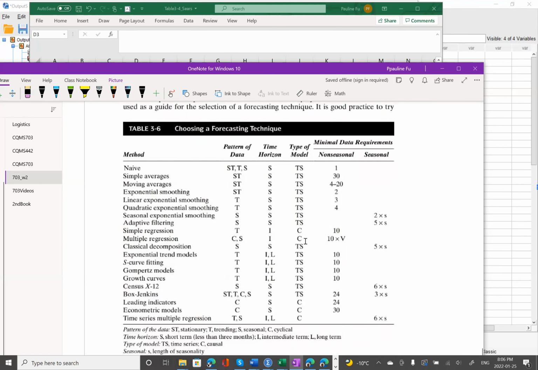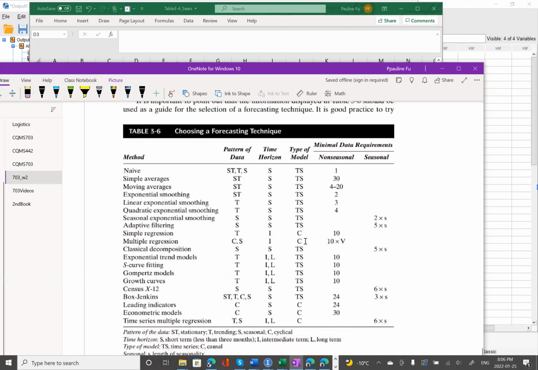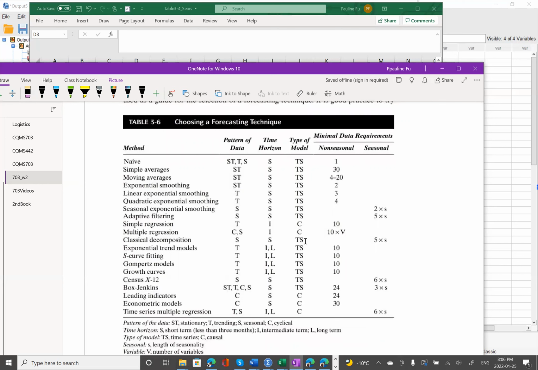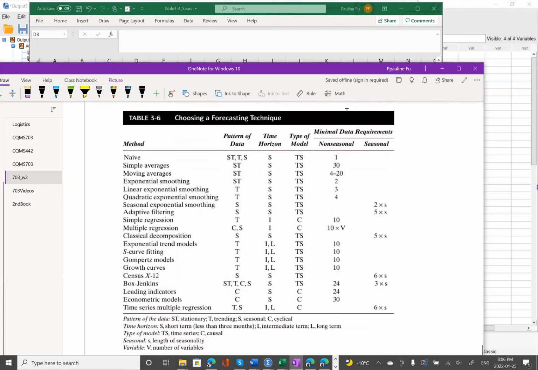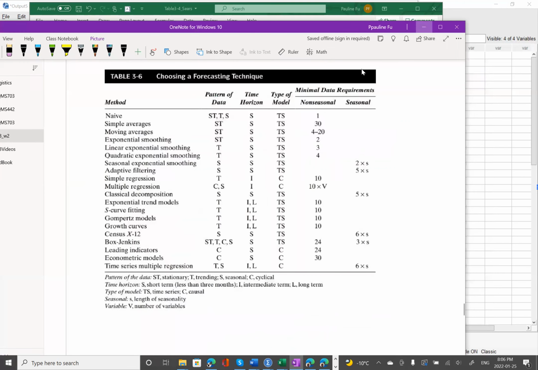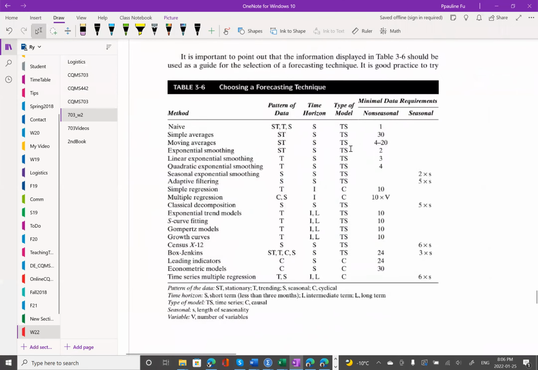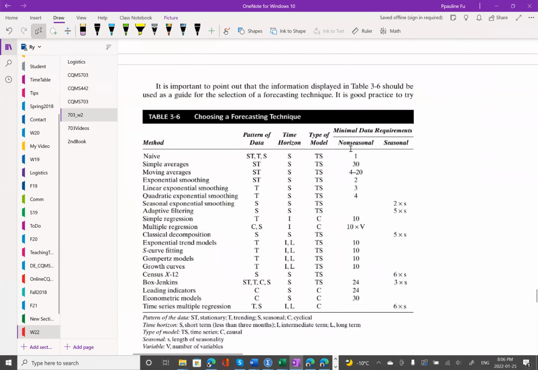All right, and this table shows different methods or techniques for forecasting. What are the techniques for forecasting? You can use the naive model. The naive model is suitable for data, ST stands for stationary data.